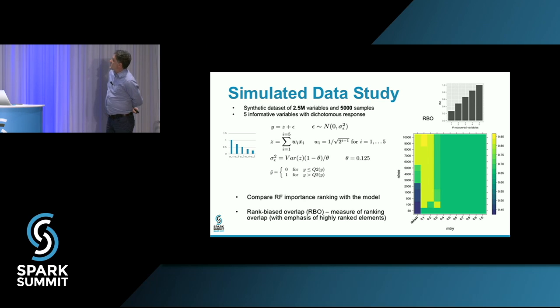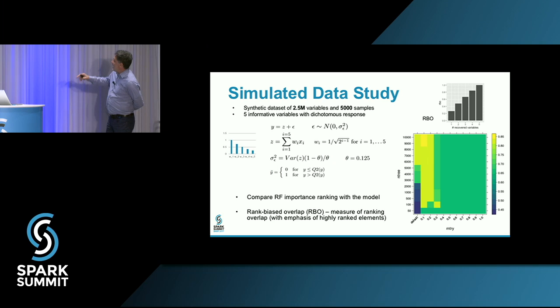To measure this, we use a metric called rank bias overlap, which essentially compares rankings, and we focus on the initial variables. The results are shown here, and there's a little scale that shows what the RBO will be for different things.